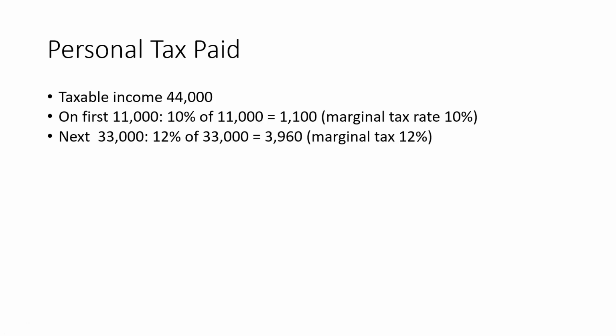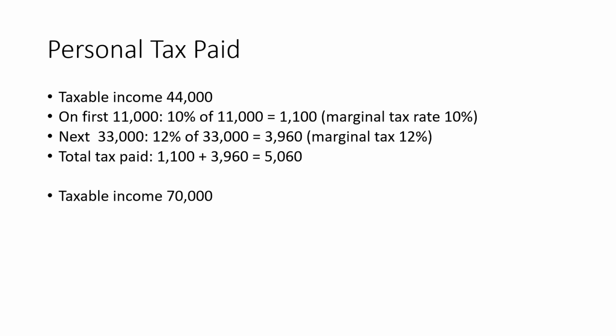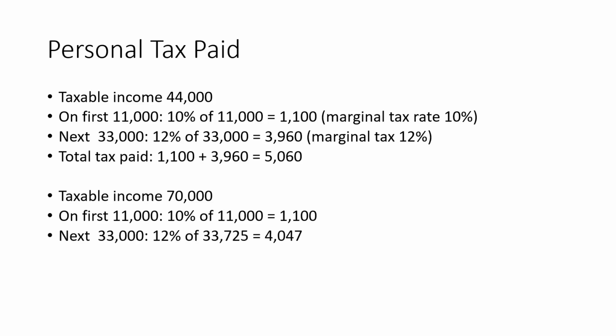So the same individual is paying two different marginal tax rates, and the total tax obligation would therefore be that 3,960 plus that 1,100, or 5060.